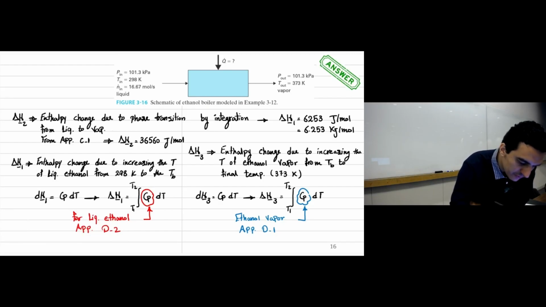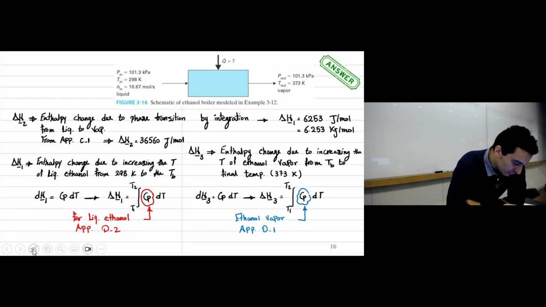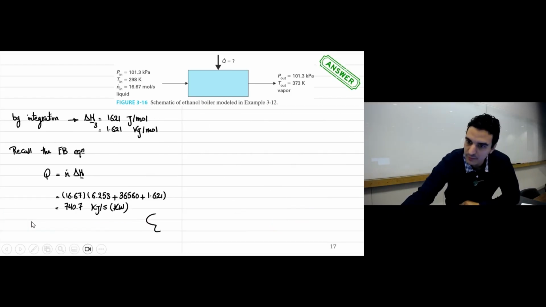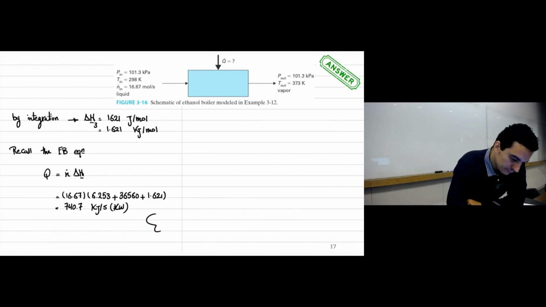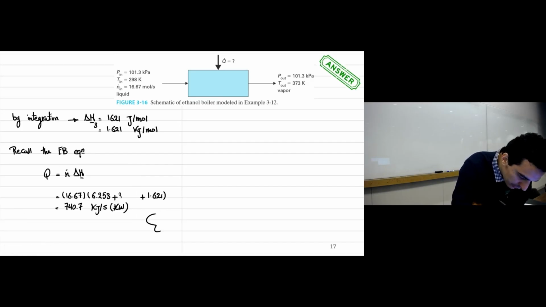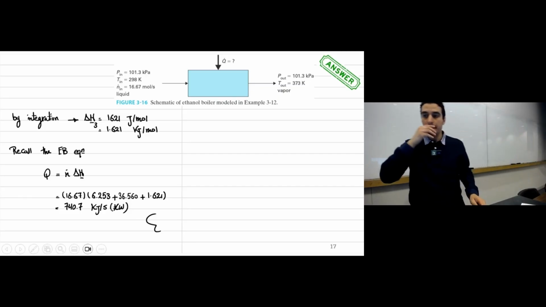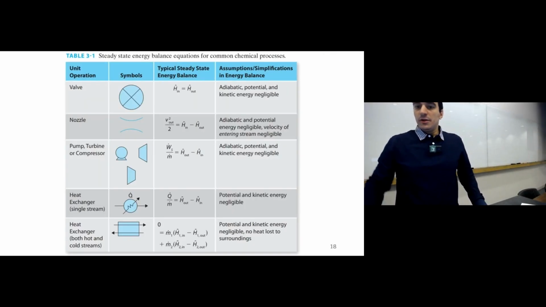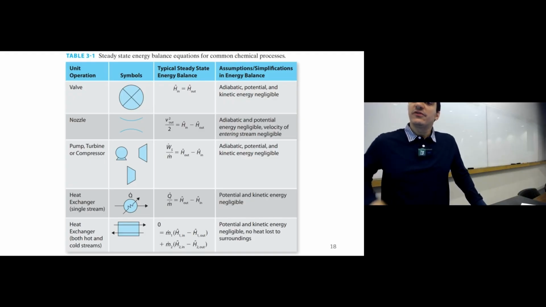So let's say if this is joule, then this will just be 36.560. Let me do it.